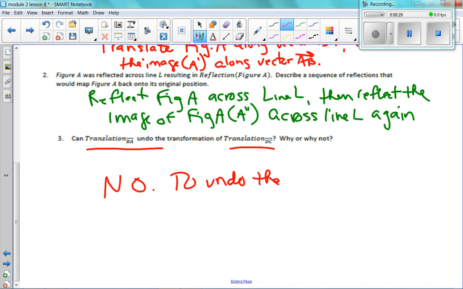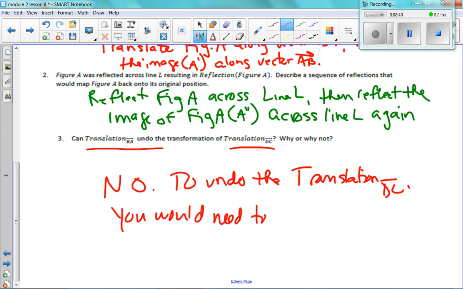To undo the translation of DC, you would need to translate the image along CD.